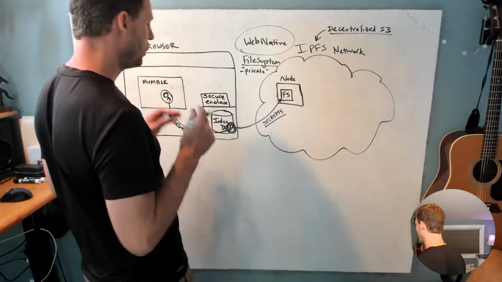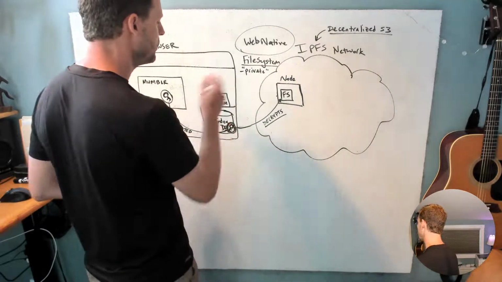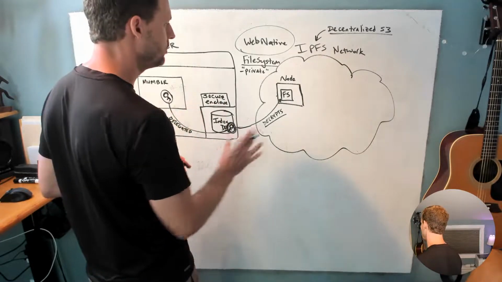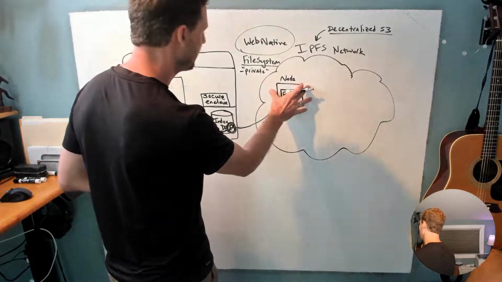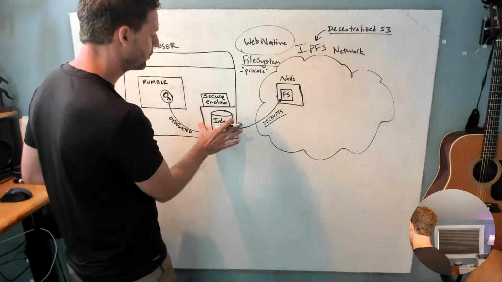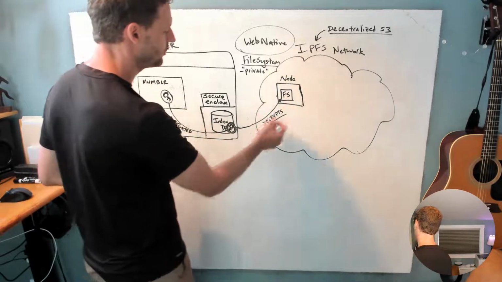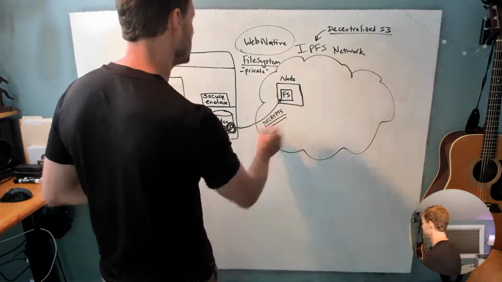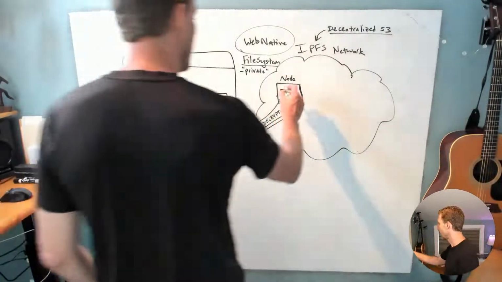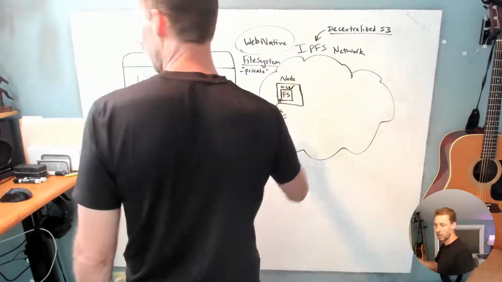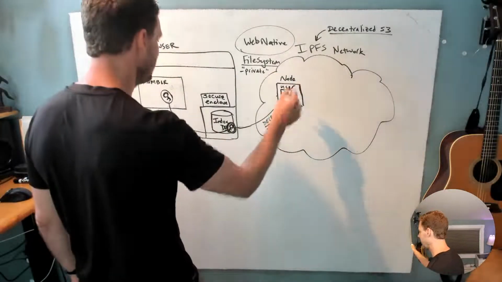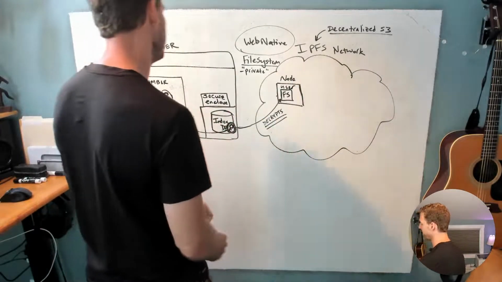So what you end up with in this world is a file system that lives in IPFS that belongs to the user, that the user alone has the key to be able to decrypt. And that's why I wrote decrypt here. So there's my user file system over here in IPFS land, and then I've got the key.